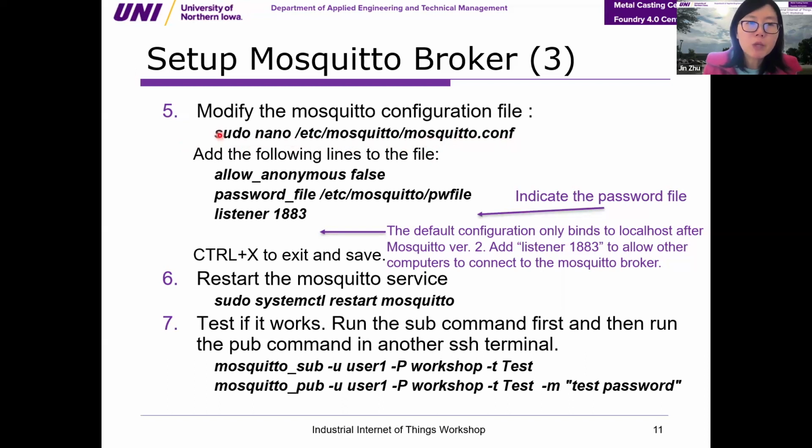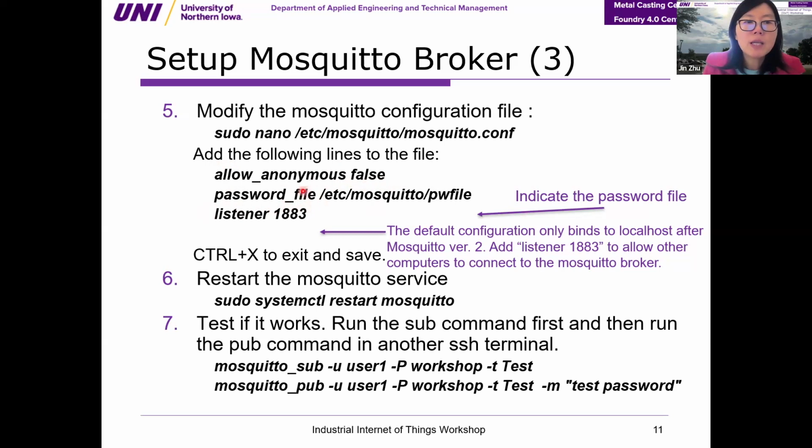Without the sudo, it won't allow you to write or change the file. So there are 3 lines. The first line is allow_anonymous false, meaning you have to provide the client username and password to publish data or subscribe to a topic.